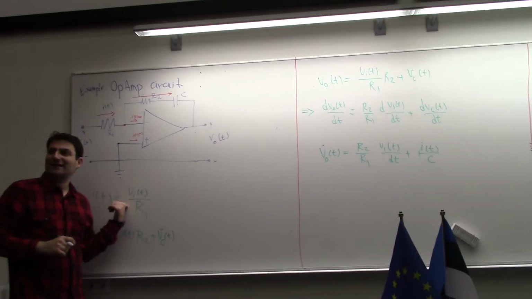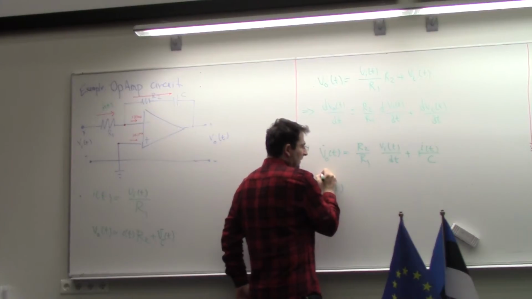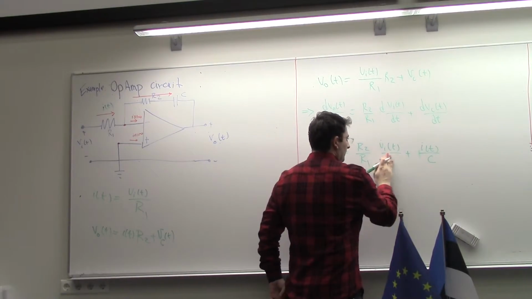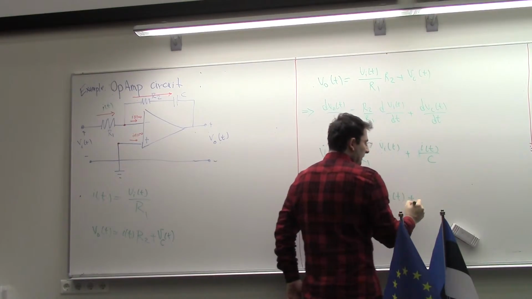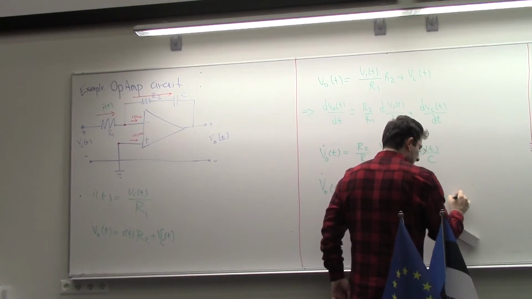It's V_i(t) over R1. So V_o dot is equal to R2 over R1 V_i dot plus 1 over C R1 V_i.